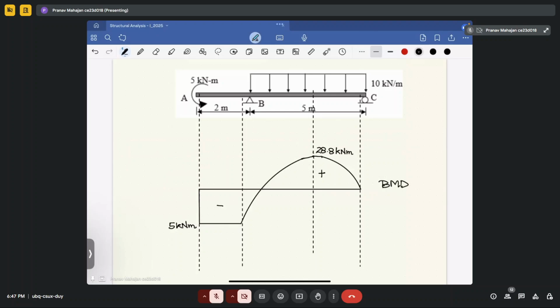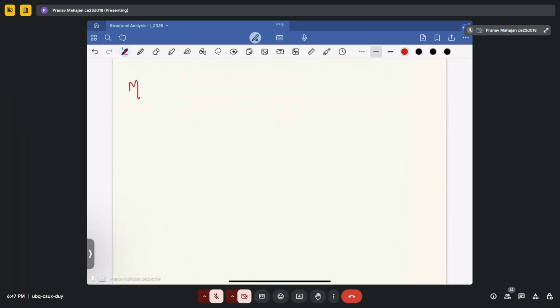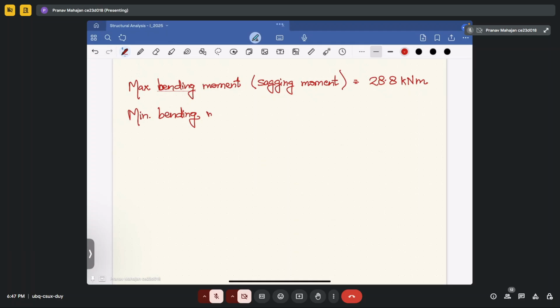So your maximum bending moment, or you can say sagging moment, is equal to 28.8 kilonewton meter, and your minimum bending moment, that is your hogging bending moment, will be equal to minus 5 kilonewton meter. Fine.